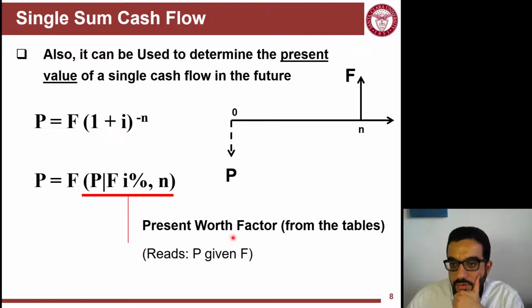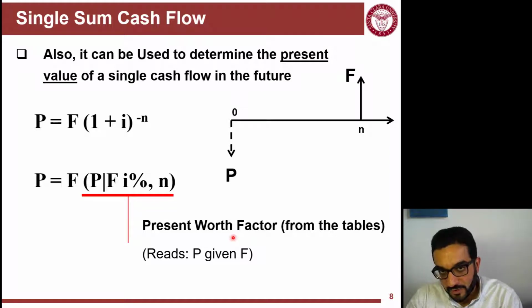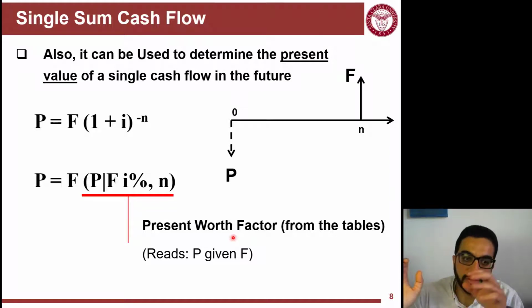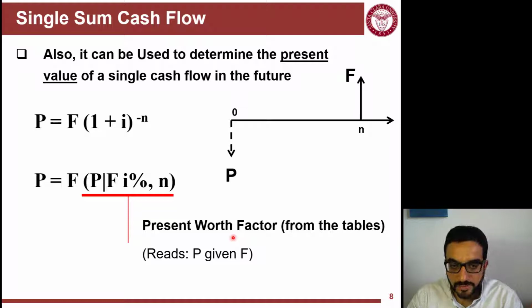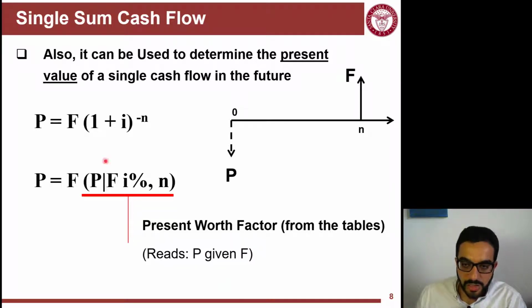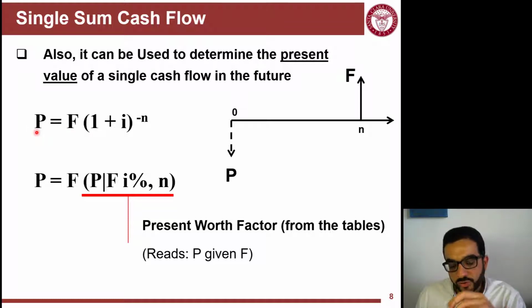So moving on, we have covered the single sum cash flow from one point of view. I have P and I want to calculate F. Now the other point of view is, what if I have F, a future value, and I want to calculate the present value needed to reach this future value in n years or months. So now I know F, and I'm looking for P. If I use the formula, it's just a matter of flipping the formula.